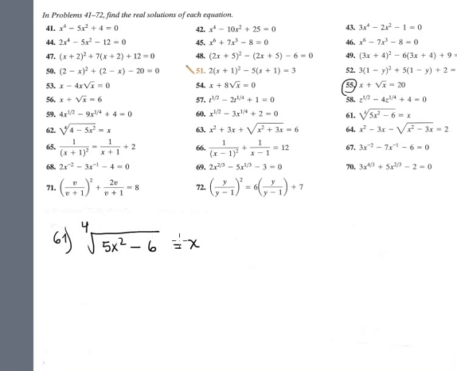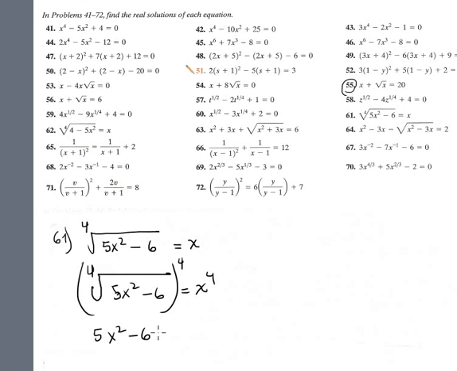This is a radical equation, but it's also quadratic form in the second part. So now you, of course, copy again. And you raise to the 4th power, because I want to eliminate the radical. So we have 5x squared minus 6 equal x to the 4th power.